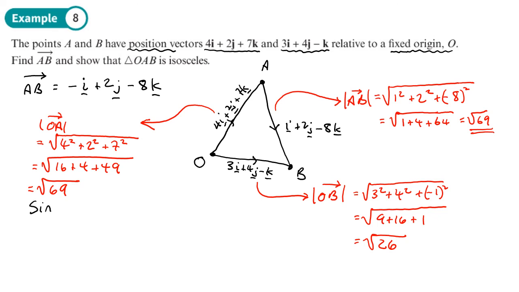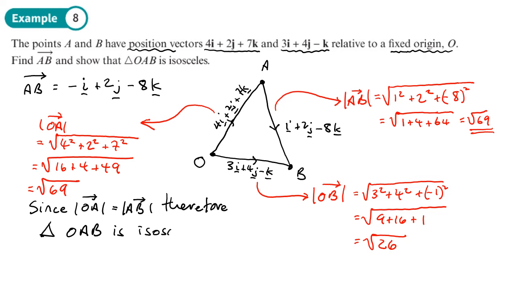So since the length of OA equals the length of AB, hence, or therefore, triangle OAB is isosceles.